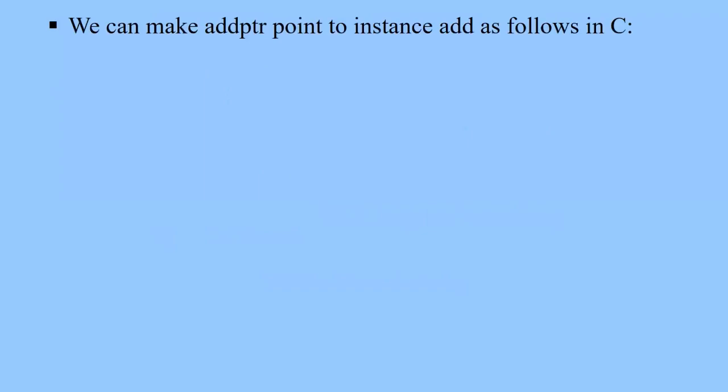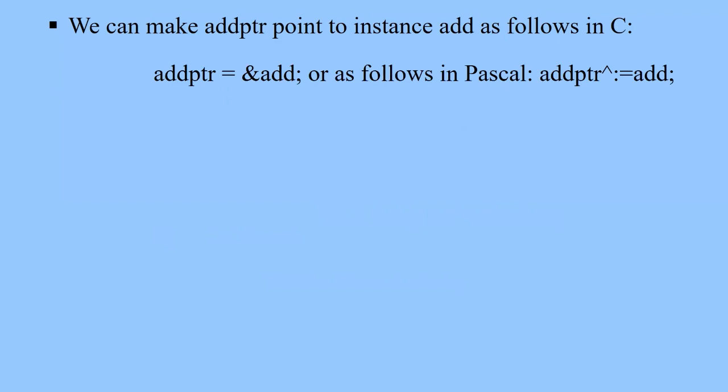We can make and pointer point to instance and as follows in C. So this statement means get the address of the instance called and, and assign that address to the memory location for the pointer called and pointer.